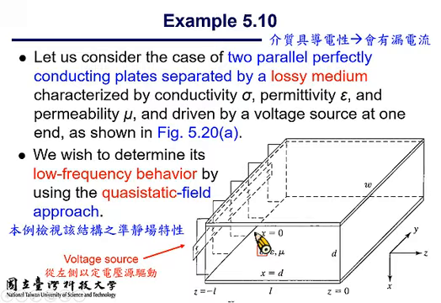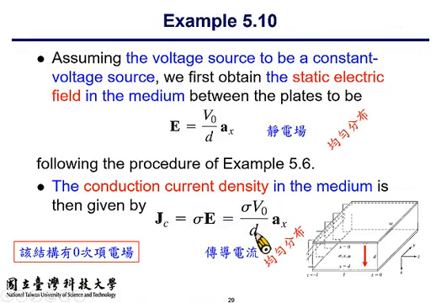So let's see the zero order terms. Okay, so first is the electrical field. Supposing that this voltage source is a DC source, V sub 0, then the electrical field is determined by the magnitude of the voltage over the distance of the parallel plate, d.